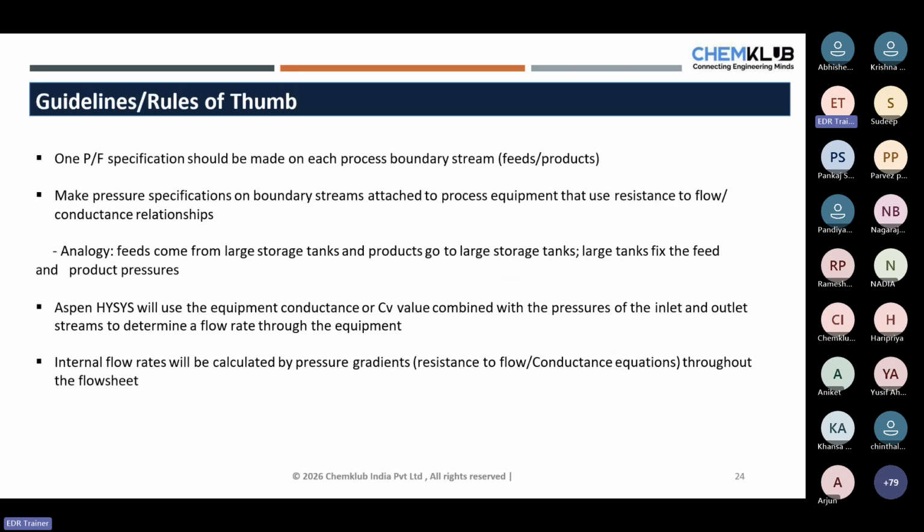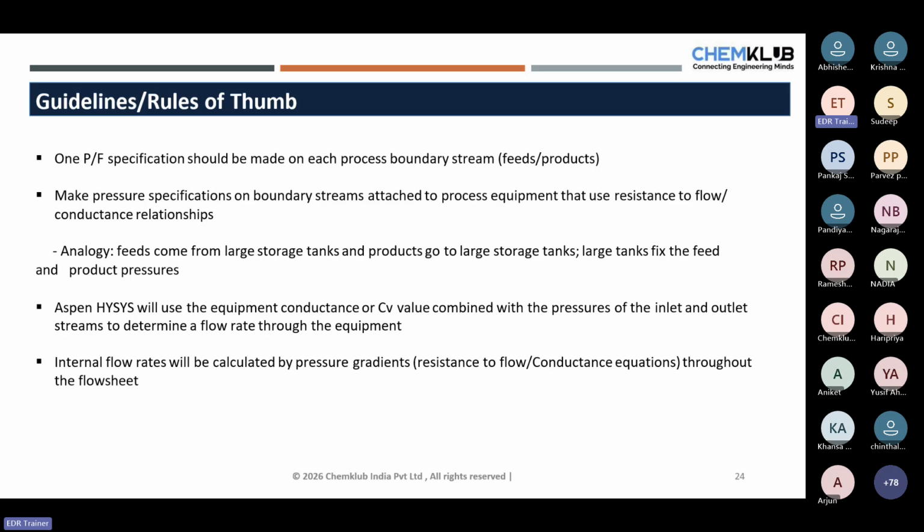So the guideline or the rule of thumb is, first rule, one pressure or flow specification per boundary stream. Avoid pressure or flow specification on internal streams. Why? Because internal flow should develop naturally based on the pressure gradients, right?